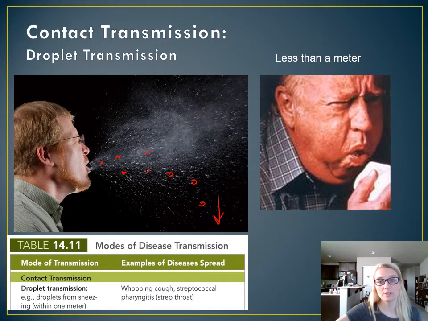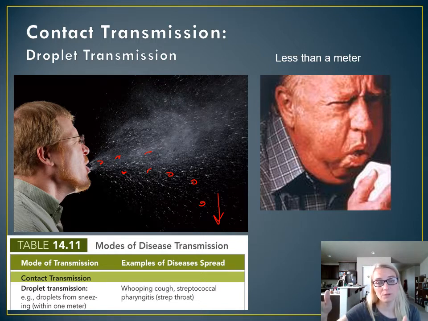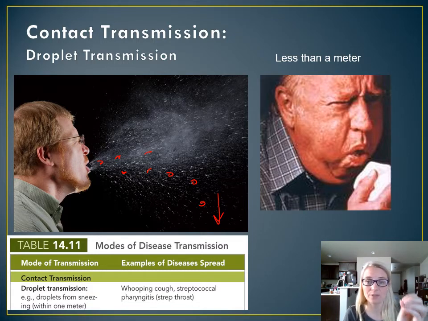So if you do the 6 feet rule, then you are 2 times the distance away from one person to the next person. You'd have 6 feet in front of you, which is going to be protecting you from any of this droplet transmission within 1 meter. So coughs and sneezes, the pathogen is in these heavy droplets that are going to fall down to the surfaces. This is what they're talking about with droplet transmission.